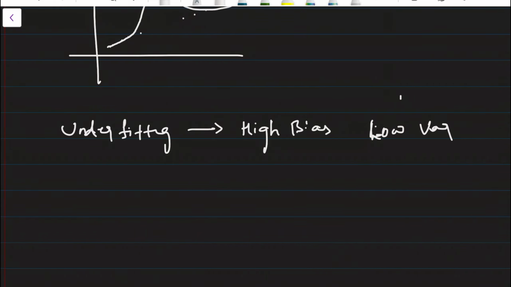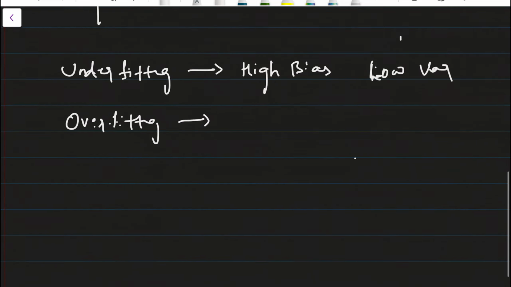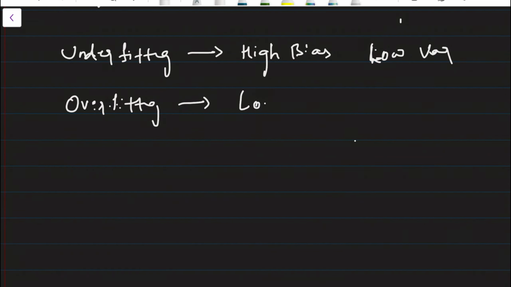In overfitting it contains low bias and high variance. So we must find a sweet spot between these two, that is, balanced.